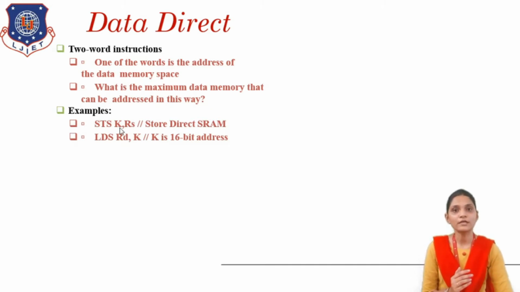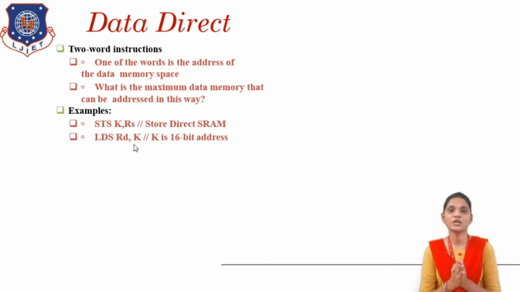In the first instruction, STS k comma Rs, Rs denotes the register where your data is stored, and you are going to store it at the memory location given by k. That can be 16 bits if your addressable memory is 64 kilobytes. So the content of register Rs is going to be stored at the memory location given by k. In the next instruction, LDS, the data that you have stored at memory location k is going to be loaded into the register Rd.